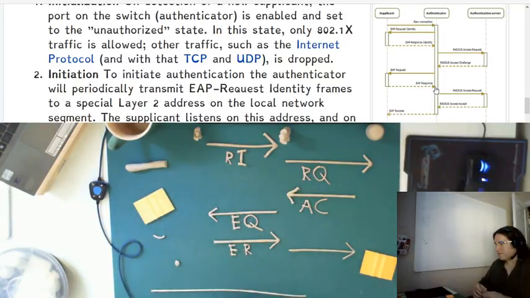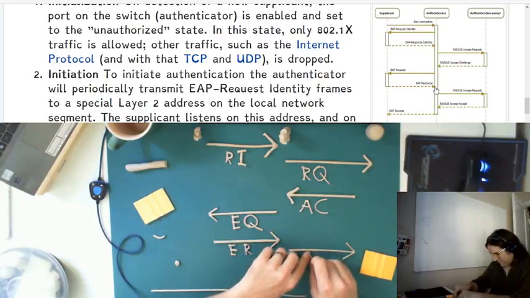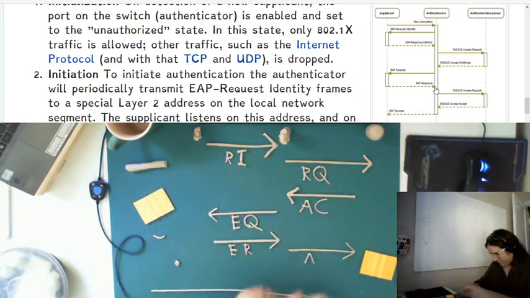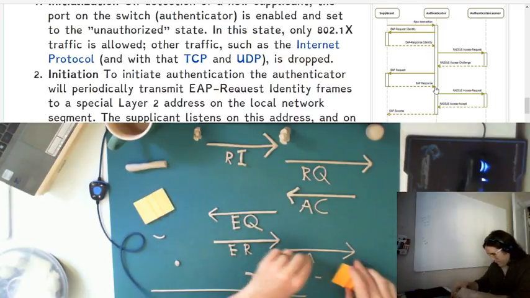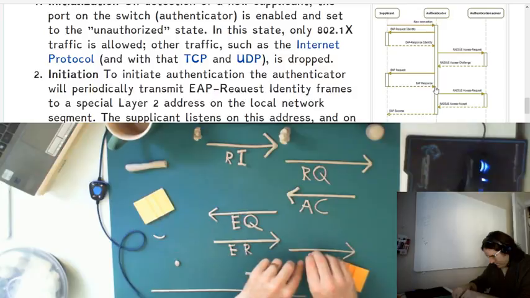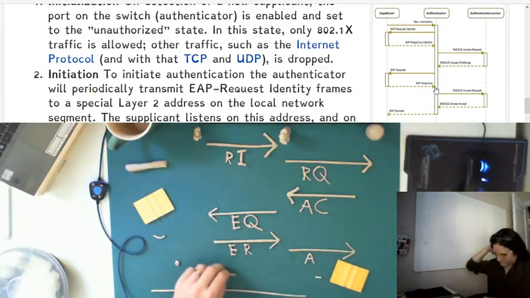Okay, so this is an access request. This is an AQ.